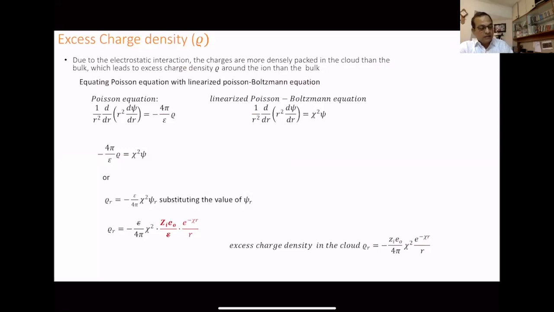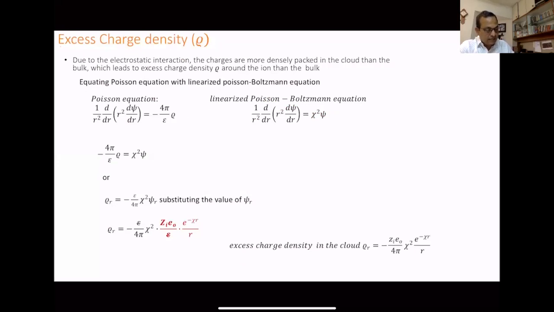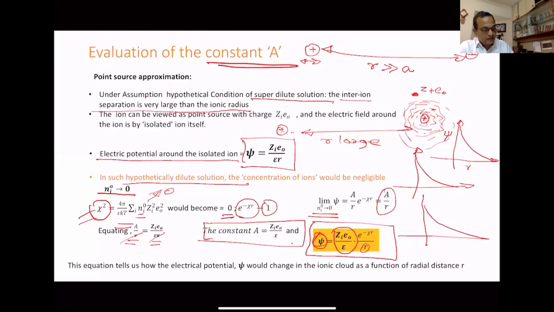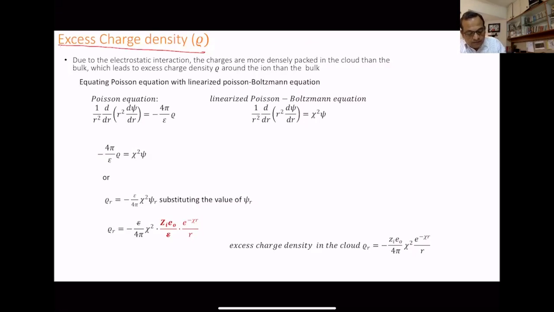So excess charge density, basically we calculated psi now. Now we'll go for the next, that is excess charge density. Here the idea is basically that in my positive reference ion, because of this electric field, more oppositely charged ions are compressed around that reference ion.